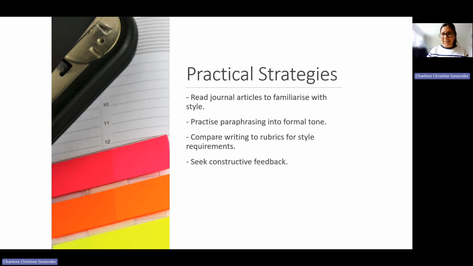And very important, seek constructive feedback. Now, it is difficult when you spend a lot of time writing, you've edited, and now you're sending it off to myself or you bring it to your lecturer and say, please give me feedback. And it may or may not be the feedback that you require or you've been wanting to hear.